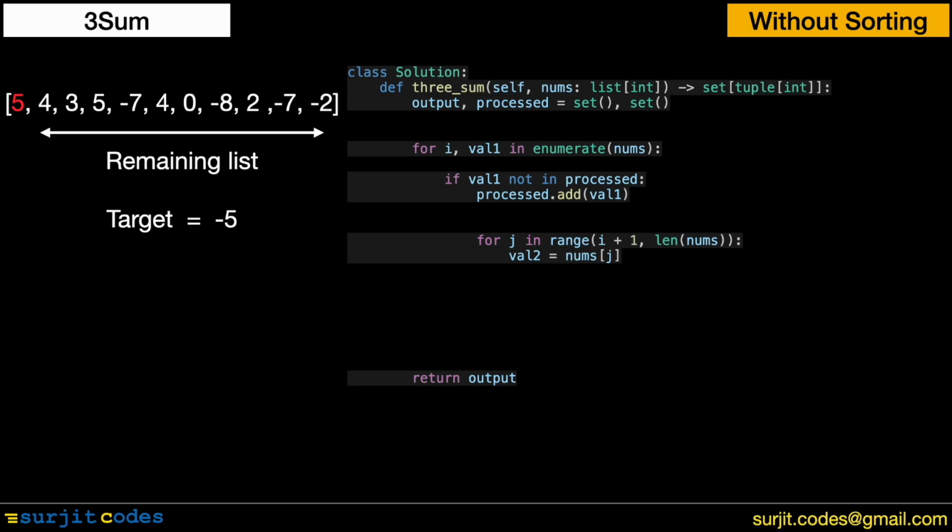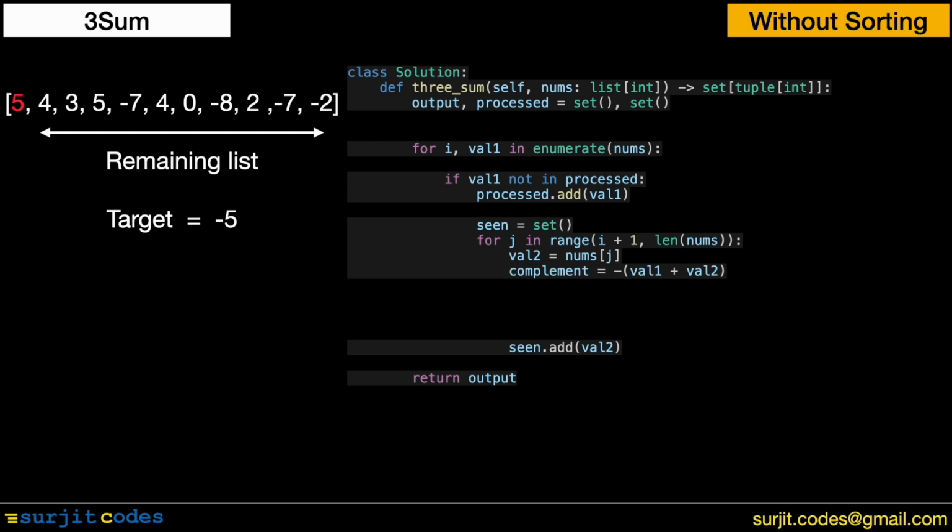We need to process all the numbers after the pivot. So the second loop starts from index i plus 1 and value at i plus 1 is stored in val2. Every number that is processed in this loop will be required for future reference. Therefore, we define a set called seen at the start of this loop, and every number is saved in this set in the last statement of the for loop.